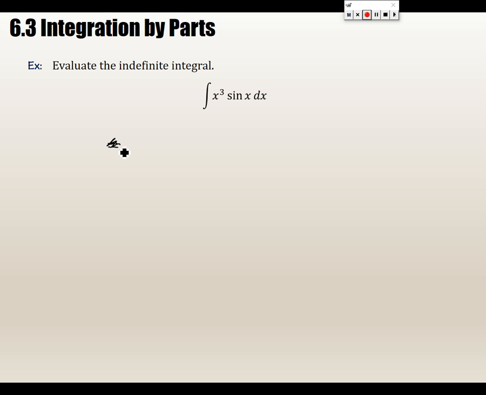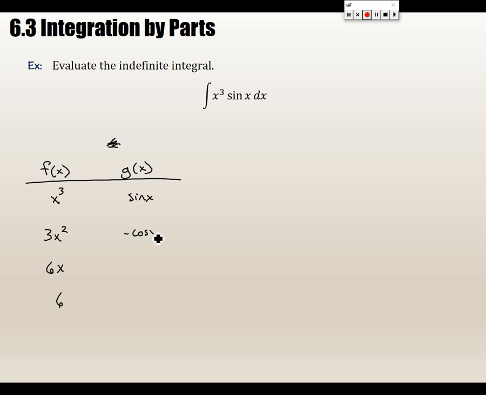So let's set up some columns here. f of x and g of x. Here we go. X cubed, 3x squared, 6x, 6, and then 0. Over here we're doing sine x and antiderivatives.